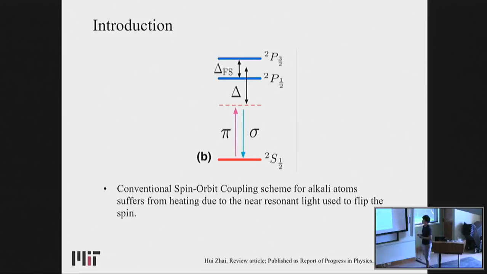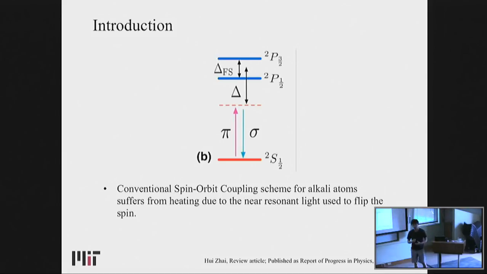If we start with the ground state with orbital number S, and want to talk to another state also in the ground state with orbital S, we have to go through the P states in the atoms. So if we do the two-photon transition, we inevitably have to talk to all the P states, and their contributions cancel each other, which gives us a fundamental limit: we are not able to detune our laser too far from the excited states.